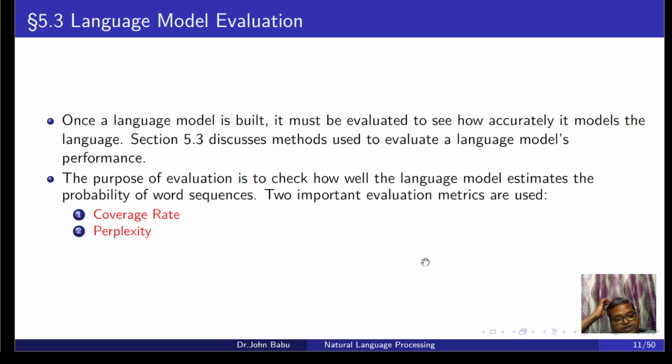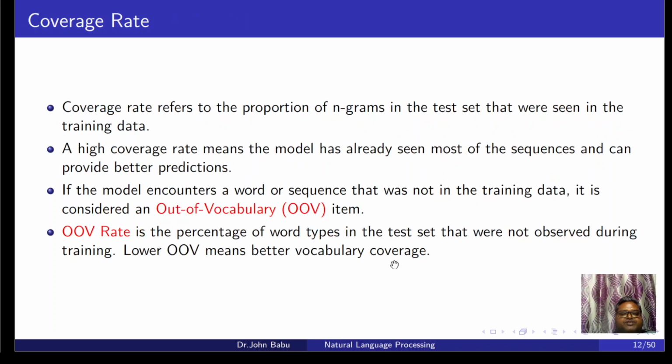As we have already seen in the introduction, how do we evaluate a language model? There are two factors to evaluate language models. One is coverage rate, another is perplexity. Coverage rate is the proportion of n-grams in the test set that was already covered in the training data.